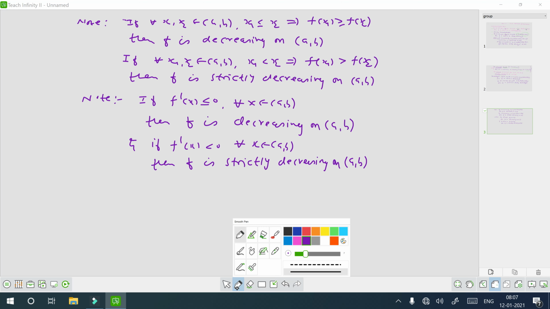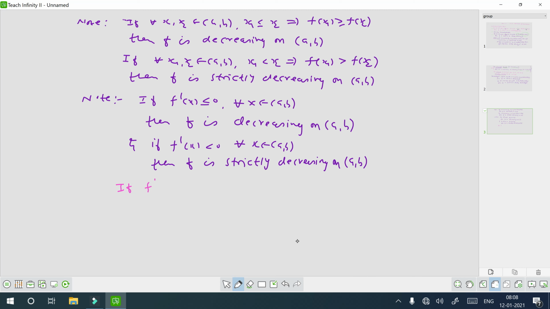Now, one more note that we know, if f dash x equal to 0 for all x belongs to open interval AB, then f is constant on open interval AB, because we know that the derivative of constant term is 0.